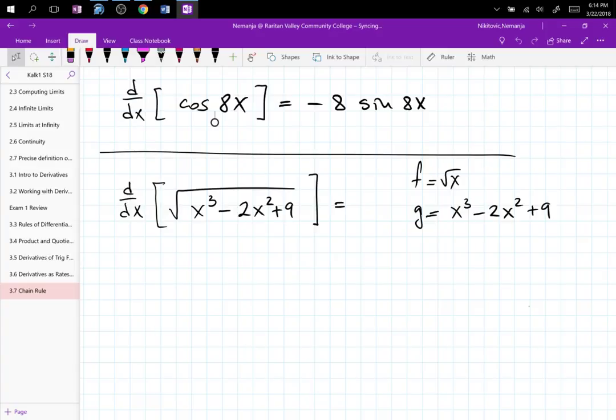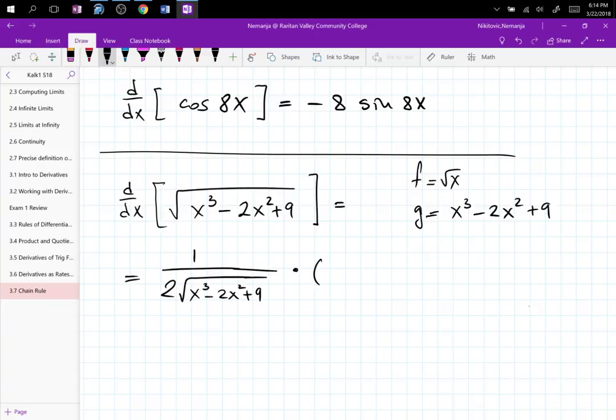So what's the derivative? We start with the derivative of square root of x, and that is 1 over 2 square root of x. We don't put x, we put g, and g is the mess, right? So it's 1 over 2 square root of the mess times the derivative of the inside.